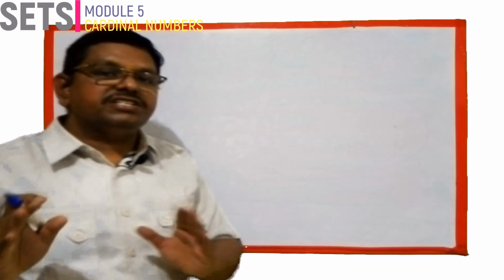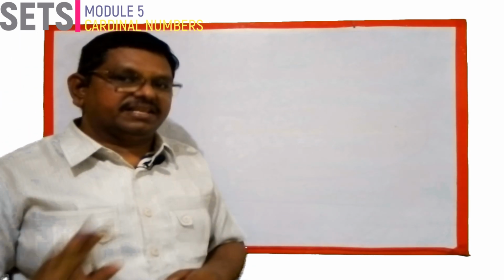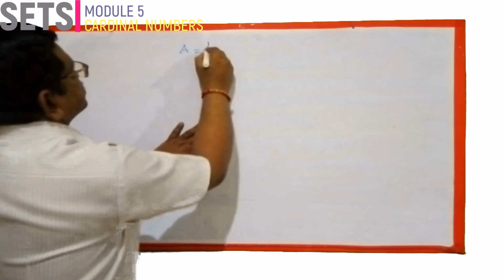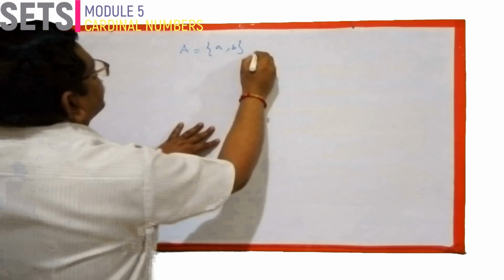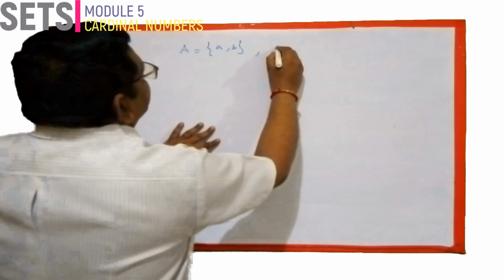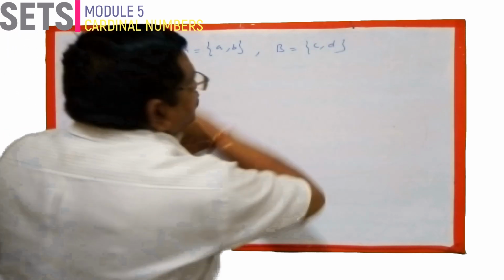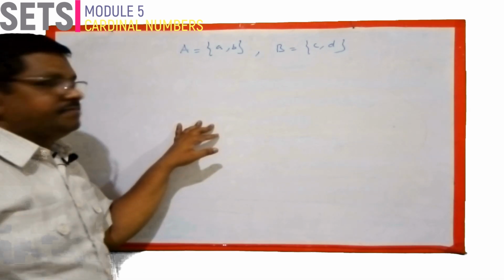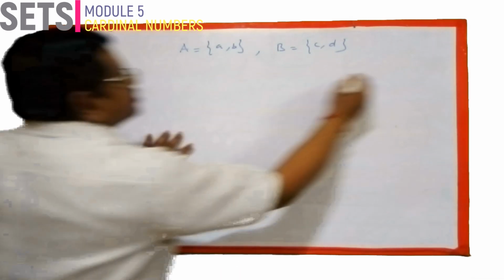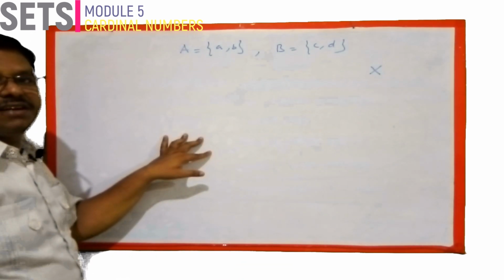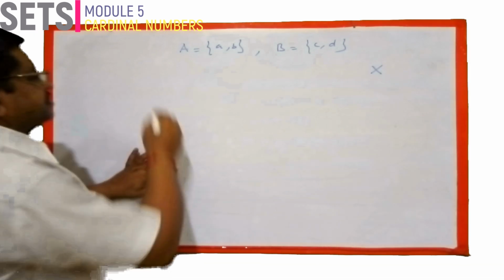Okay, the Cartesian product of any two sets, let us take. A is one set, say A comma B are the elements of set A, and B is another set, say C comma D are the elements of B. We use the cross symbol to represent the Cartesian product of two sets.